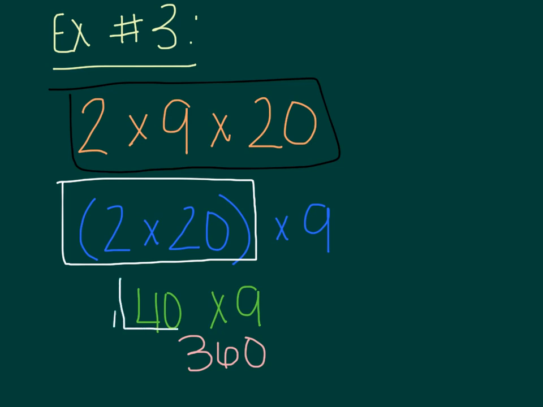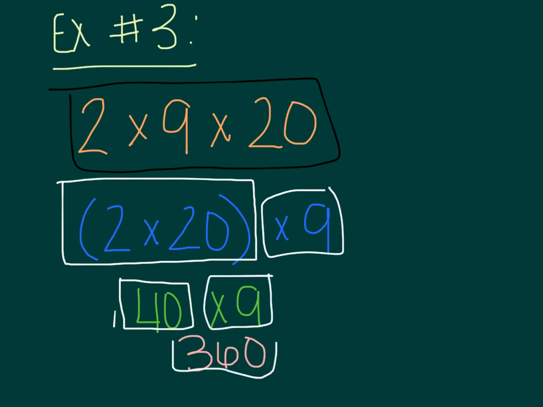We can get 40. And then multiply that by 9. 40 times 9 is 360. Of course, if you wanted to do 2 times 9 and get that answer and then do times 20, you could. But if you want to break it apart to make it a little bit easier, that would be one example of how you could do it.